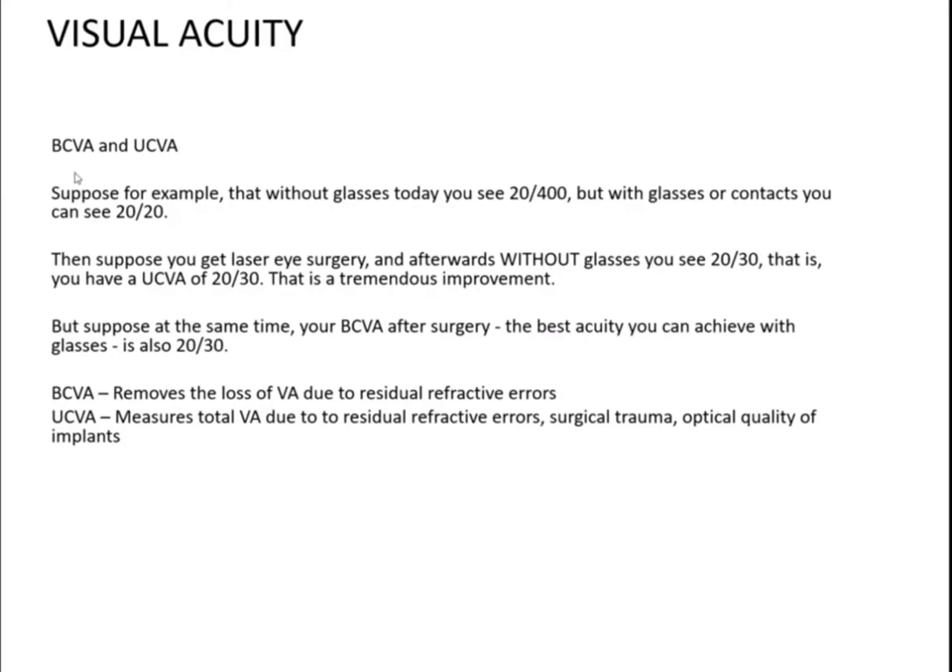So before you measure the intermediate or near vision, you want to first best correct the distance VA before you measure the near or intermediate vision.